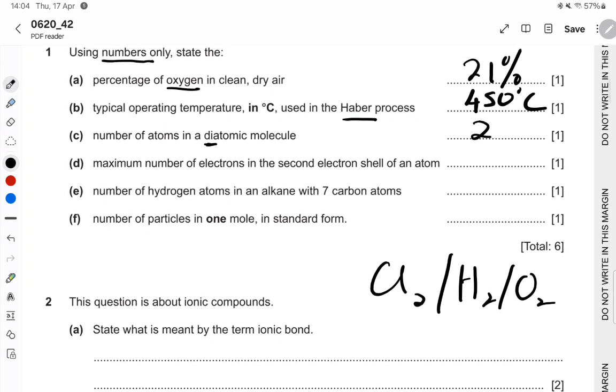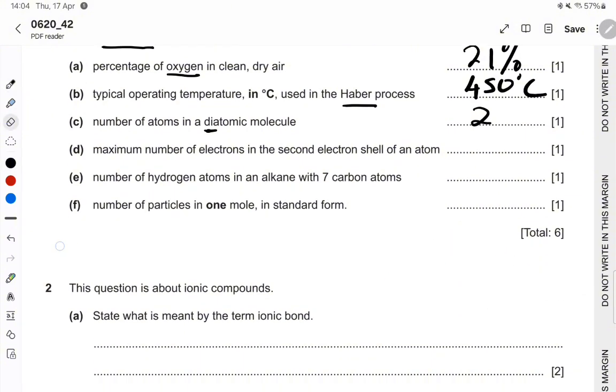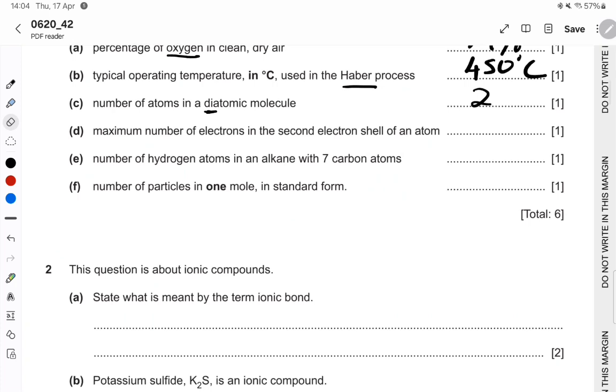Now, maximum number of electrons in the second electron shell. I keep harping on, memorize your first 20 elements. If you do that, you recognize that the second shell can only hold a maximum of 8 electrons.